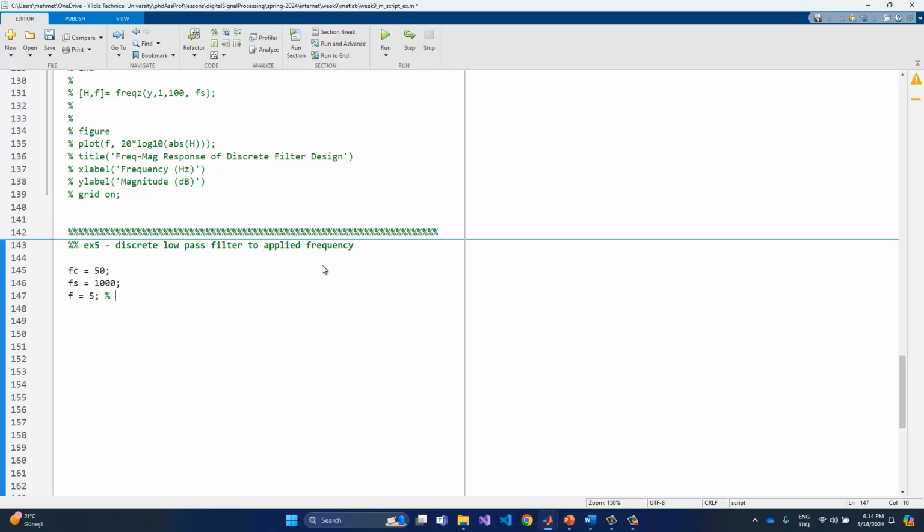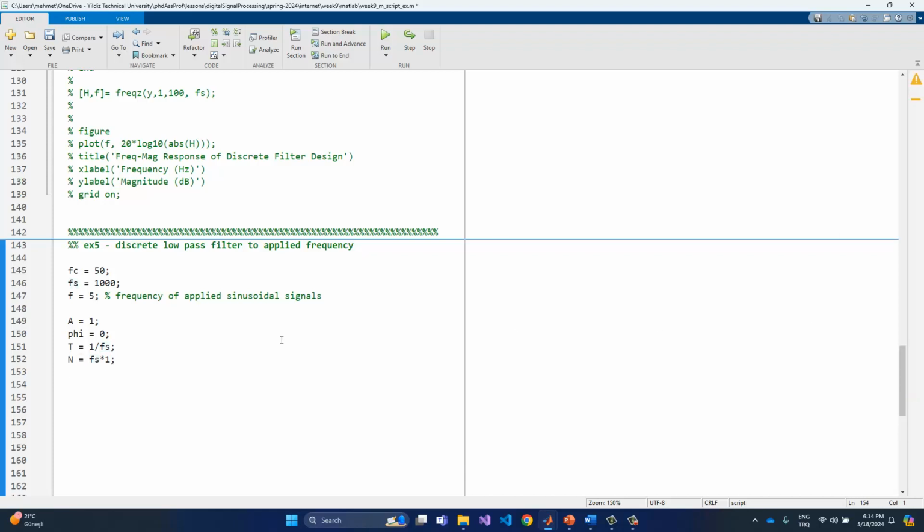Okay, this is the frequency of the applied sinusoidal signal. A is 1, phi is 0, T is equal to 1 divided by Fs, and N is Fs times 1. Okay, this is the number of samples.